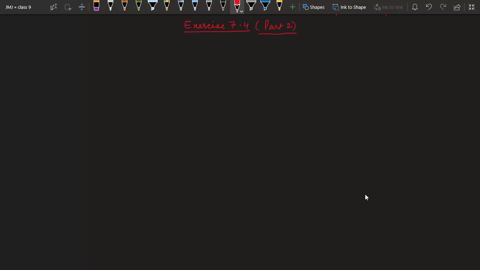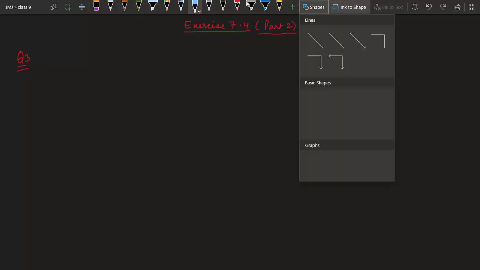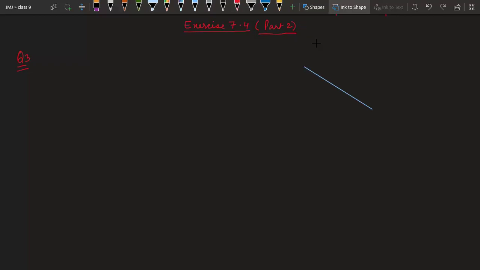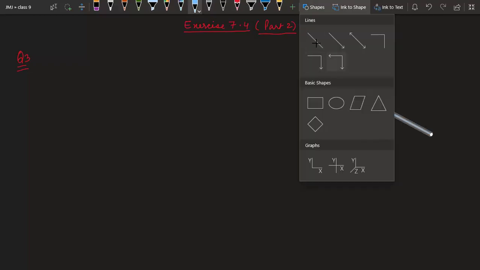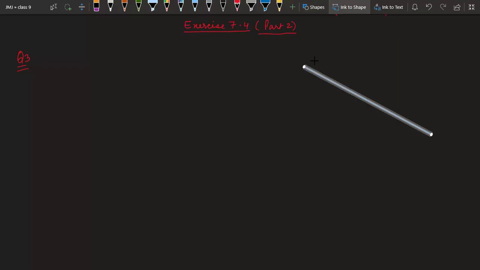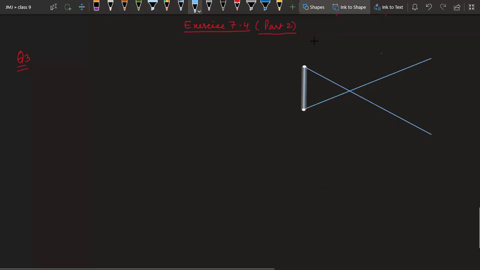Question number 3. It says, in figure 7.49, let me draw the figure first. One second. Okay, like this first, and then second, okay, then third, and fourth.